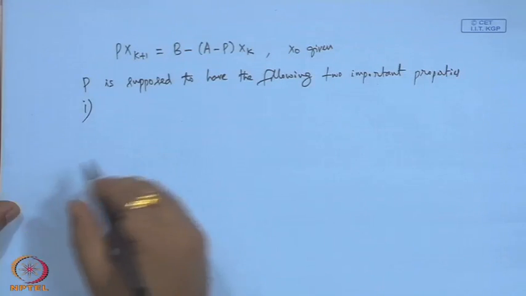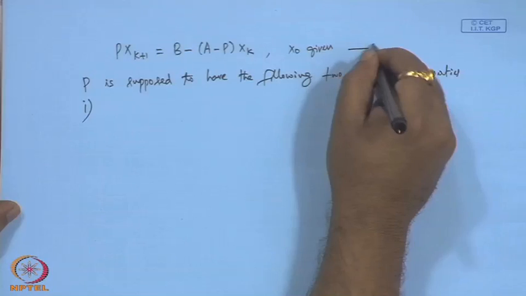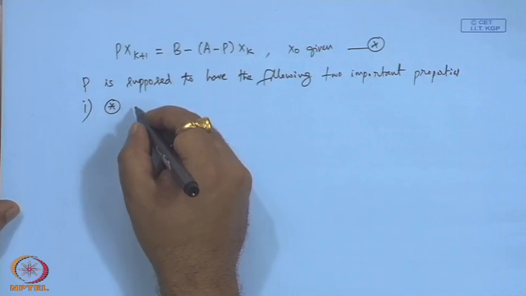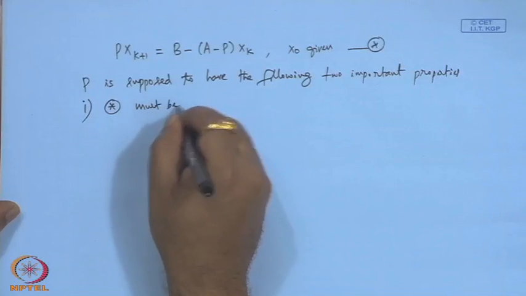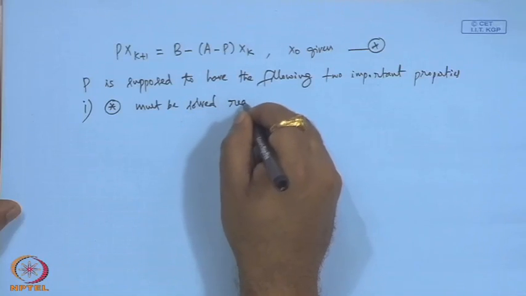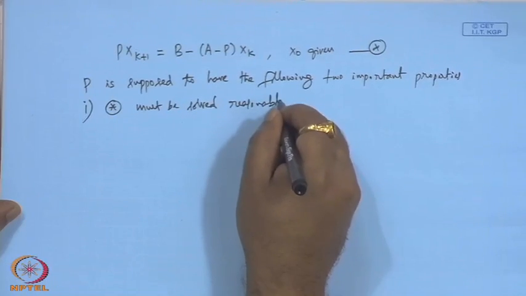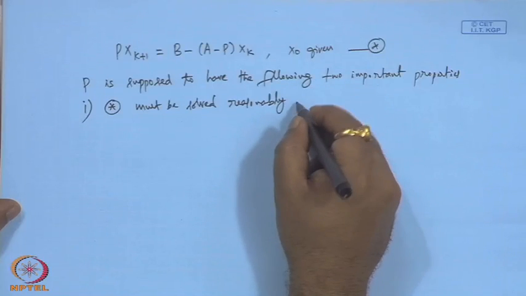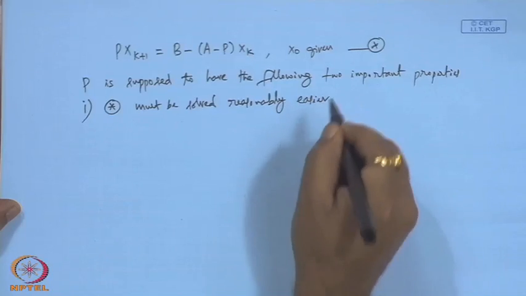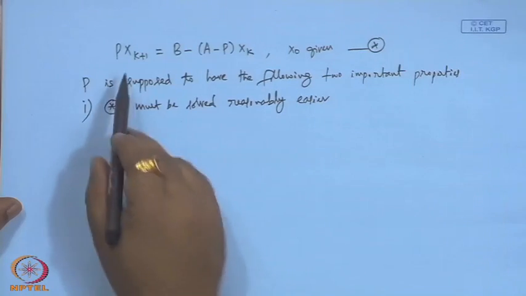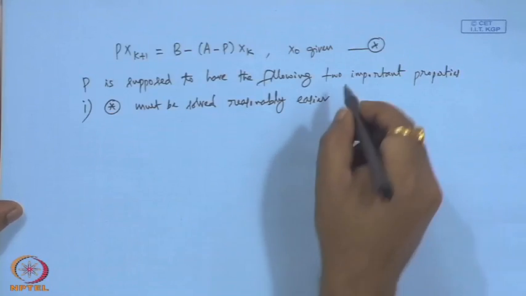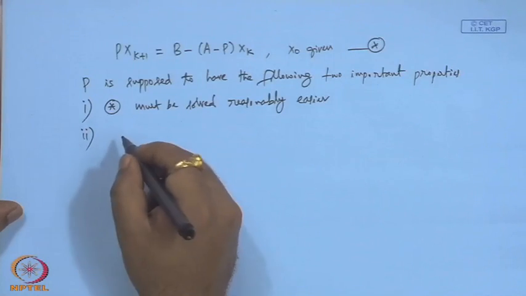One, this system, star, must be solved reasonably easier. So in some sense this must be solved with a little bit less effort.